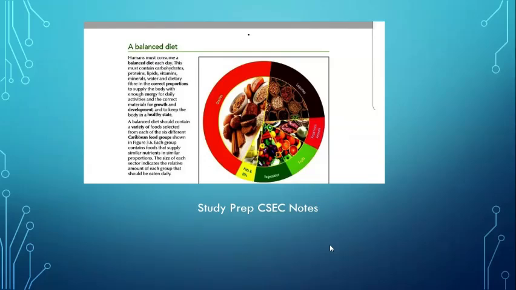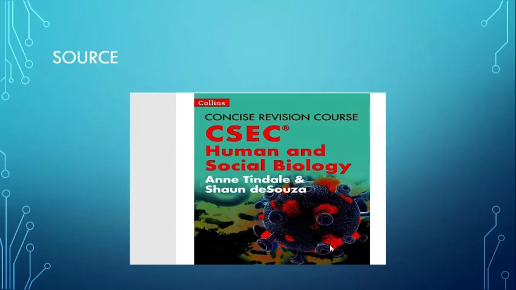All of these are necessary for the human being to survive and have a healthy lifestyle and healthy body. All of the items on the circular table are vital for the human being to maintain proper proportions, supply enough energy for daily activities, and provide the correct materials for growth and development.